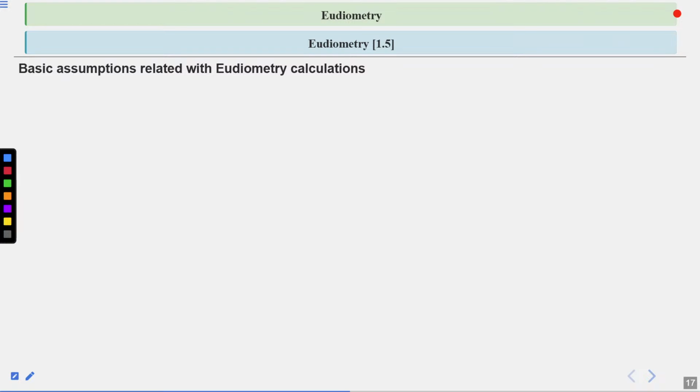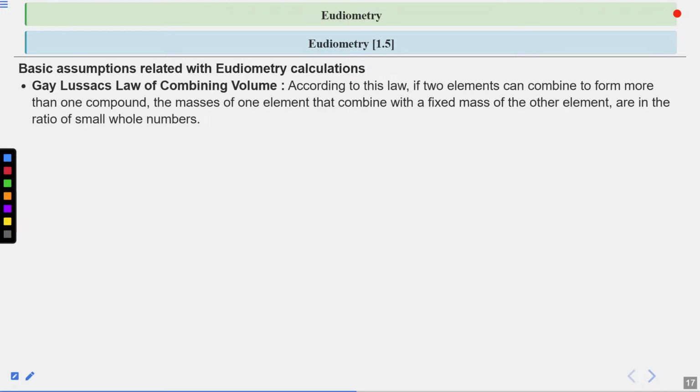To understand this, we first have to take some assumptions. Those two assumptions are Gay-Lussac's law of combining volume. I have already mentioned it; you can just read this statement, where we say that gases combine in a fixed volume to give the product, and the ratio of these two volumes is in a simple whole number way.